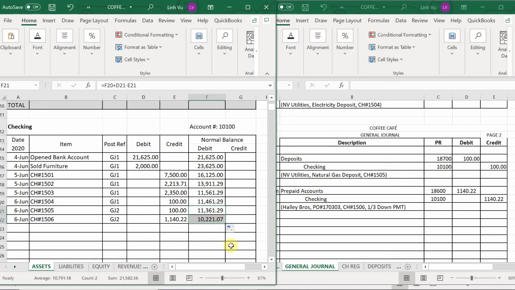Perfect, right? Now that we subtracted the 1,140.22 from our bank account, we should have a total of $10,221.07 left. Okay. You didn't even buy coffee.